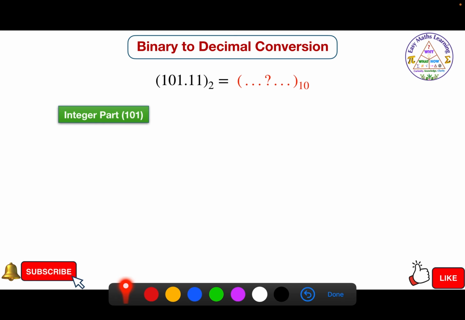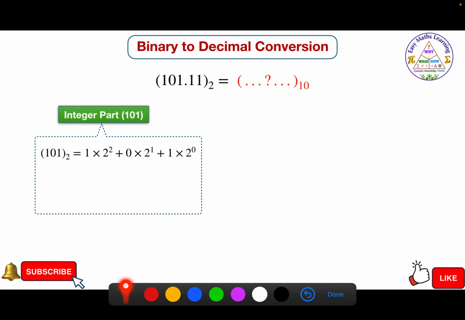Okay, so for integer part we write 101, which will be equal to weight for this digit, it is 2 raised to the power 0 for this one, and for this 0 weight will be 2 raised to the power 1, and for this bit it will be 2 raised to the power 2.